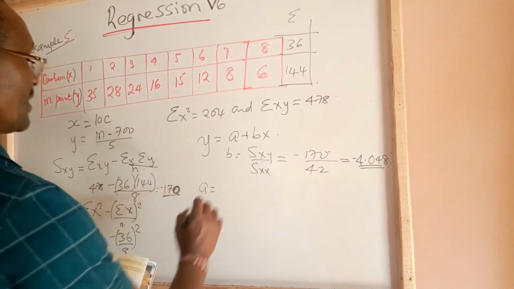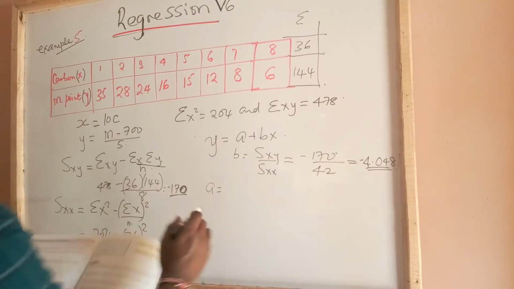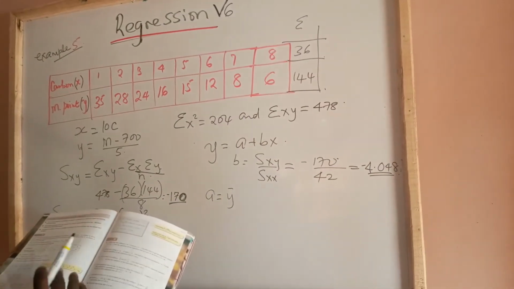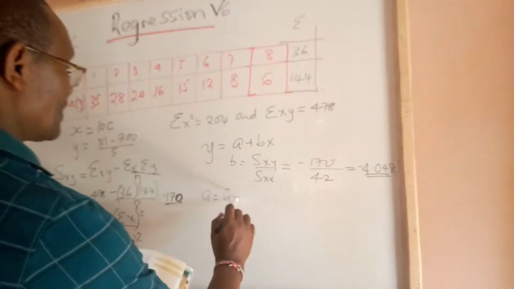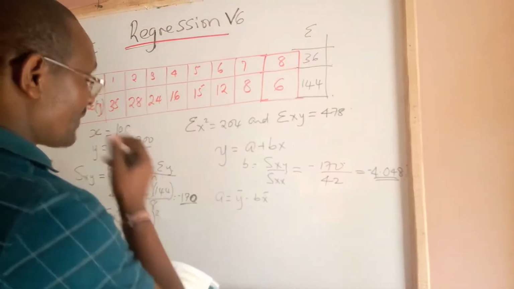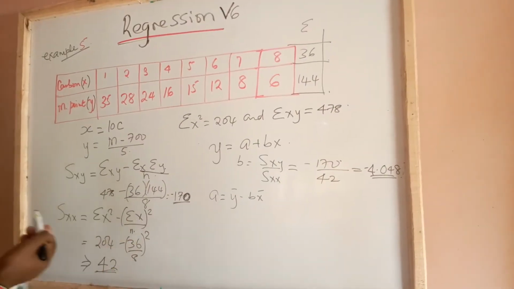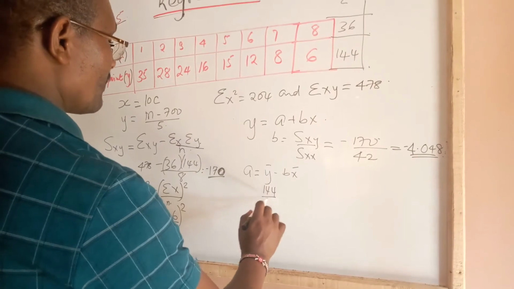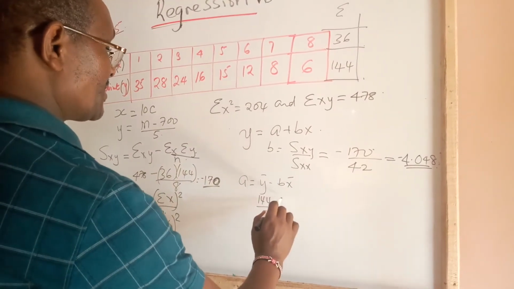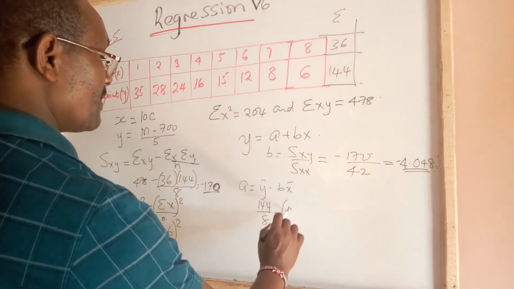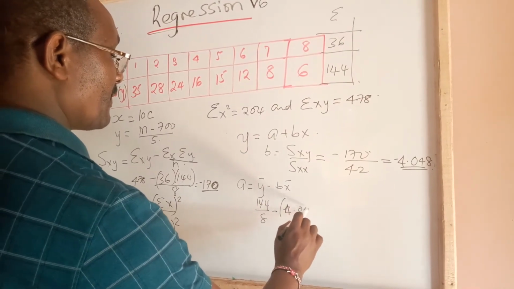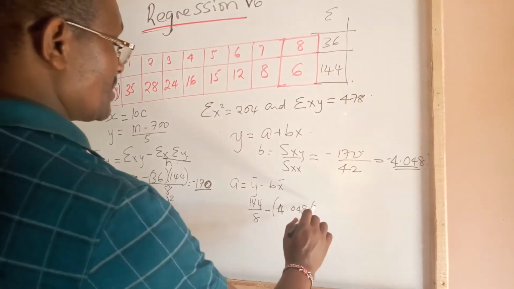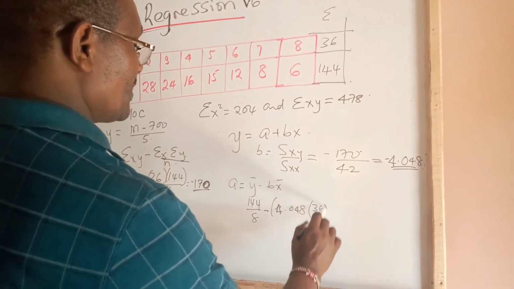Our a is going to be, of course, we know, the mean of y minus b times the mean of x. But what is the mean of y? The mean of y is obviously 144 over 8, minus b, which is minus 4.048 multiplied by the mean of x, which is 36 over 8.